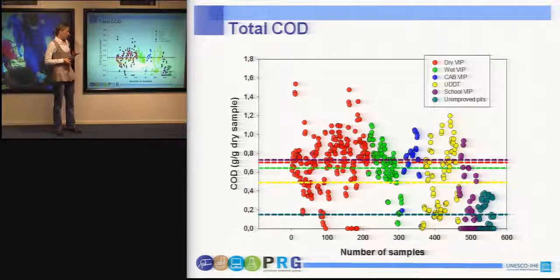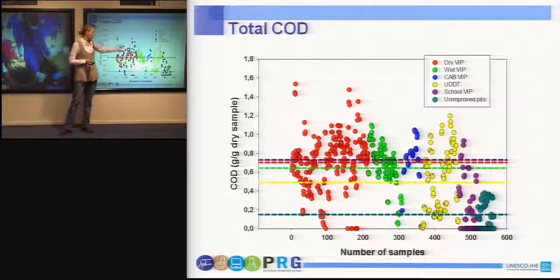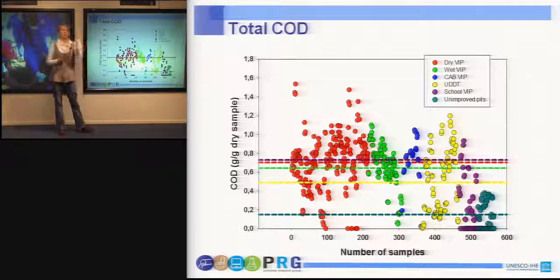The total COD also varies quite significantly. For the higher values, they usually come from the top layers where we have a very fresh sample.